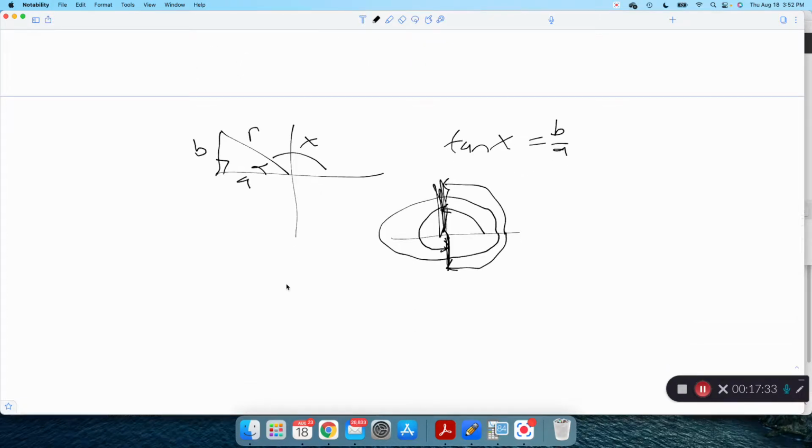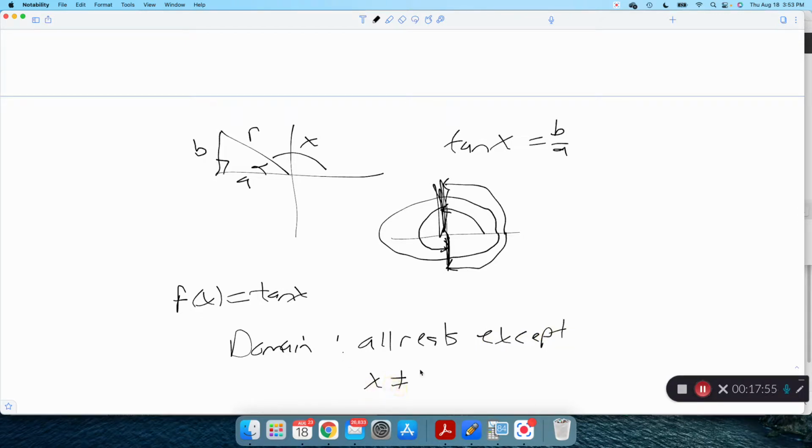Okay, now we tend to write that in radian mode instead. So if we have this function, f of x is tangent of x, then we say our domain is all reals except x is not allowed to be any of the odd pi over 2s. Here's 1 pi over 2. 2 pi over 2 would be okay.